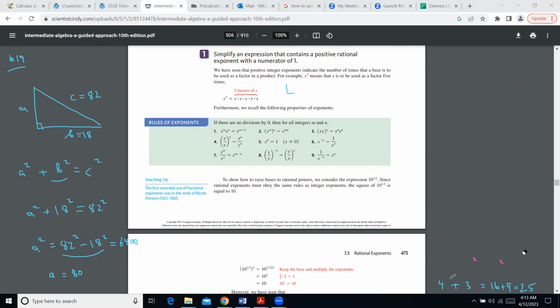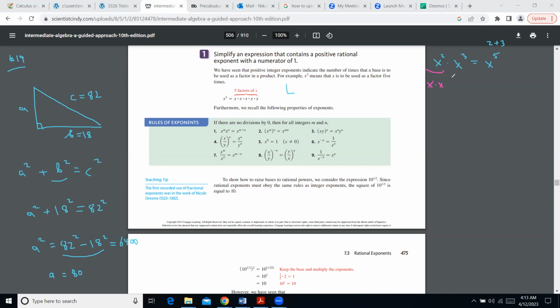So let me take a look at some of these properties and start to get used to them. For example, if you multiply x to the second power by x to the power of 3, then people say the result will be x to the power of 5, because what they want you to do is add these powers.